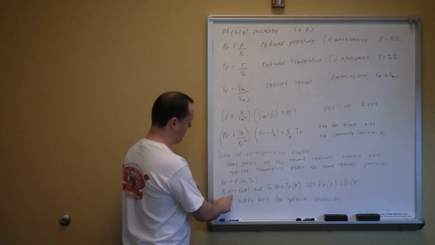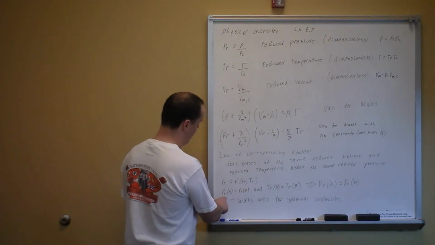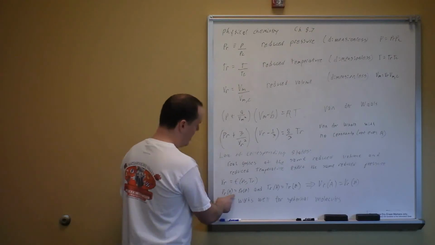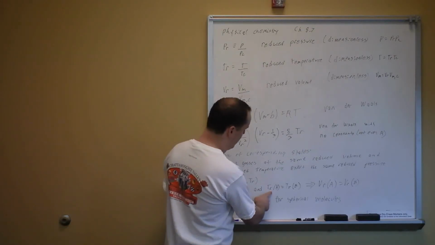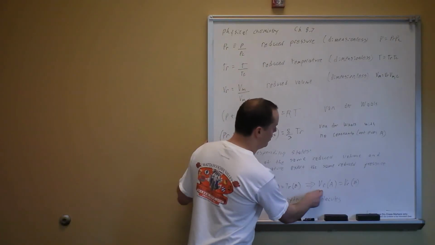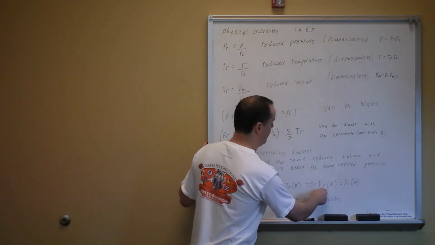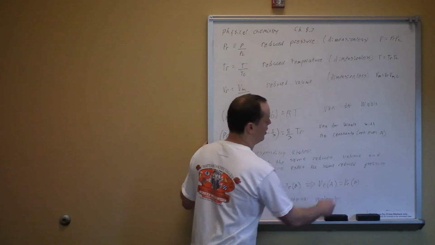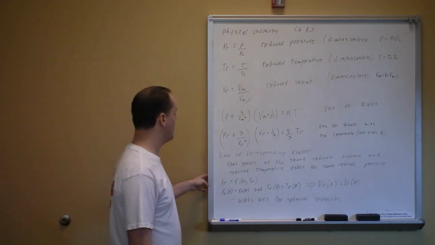So another way of writing this, if you're more mathematically inclined, if reduced pressure of A equals reduced pressure of B, and reduced temperature of A equals reduced temperature of B, then we can conclude that the reduced volume of A is equal to the reduced volume of B.